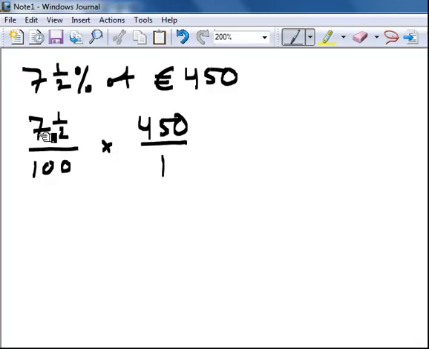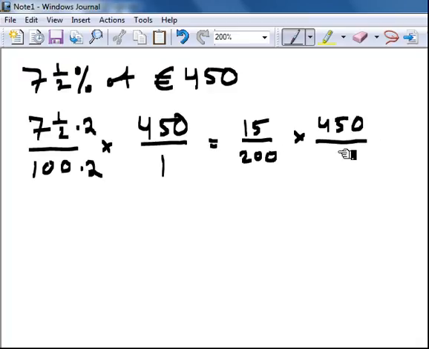Same thing here. We don't like 7.5, so we're gonna take this times 2, so we get 15, which is an even number. We have to take times 2 here as well. Now we have 15 over 200 times 450 over 1. We can cross out the 0 here, a 0 here.